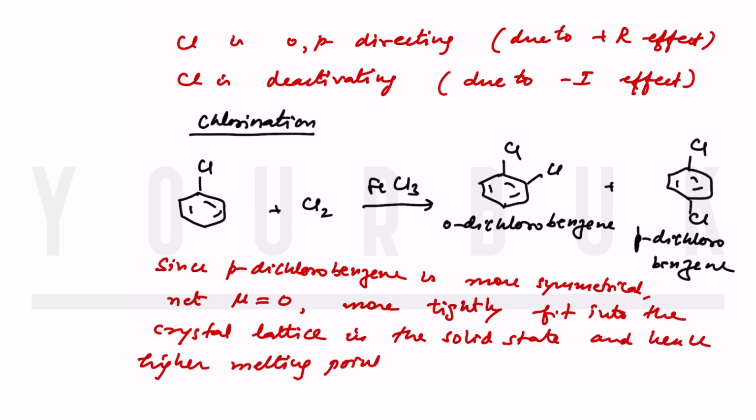Higher melting point than ortho-dichlorobenzene. So the melting point is higher for the para isomer, but ortho-dichlorobenzene has a higher boiling point.